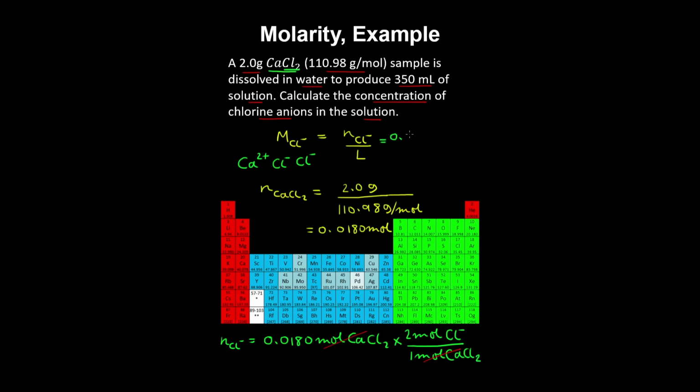Which gives the following result. And then dividing by the liters of solution and using the least number of significant figures in the problem, being 2, we obtain 0.1 molar.